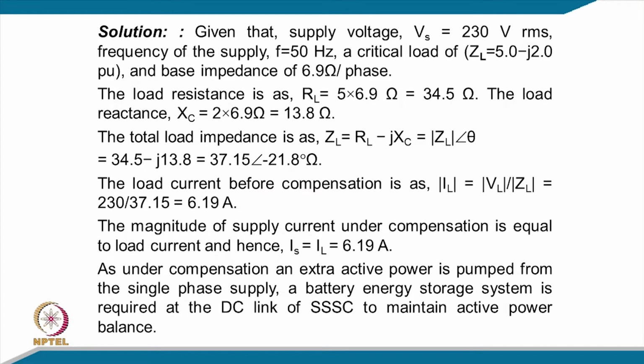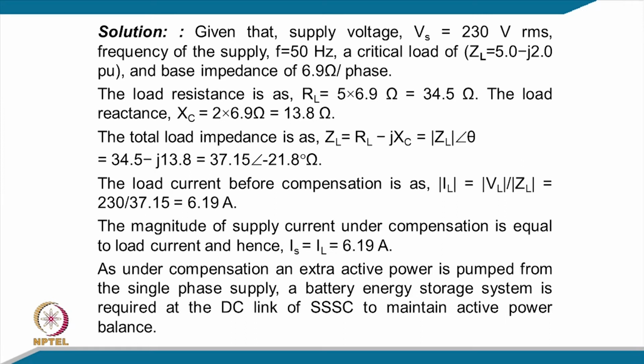Coming to the numerical part, the solution: given a supply voltage of 230 volt and supply frequency of 50 hertz, a critical load of 5.0 minus j2.0 per unit with a base impedance of 6.9 ohm. The load resistance will be per unit multiplied by the base impedance, which comes to 34.5 ohm, and the load reactance is XC equal to 2 into 6.9, that is 13.8 ohm.